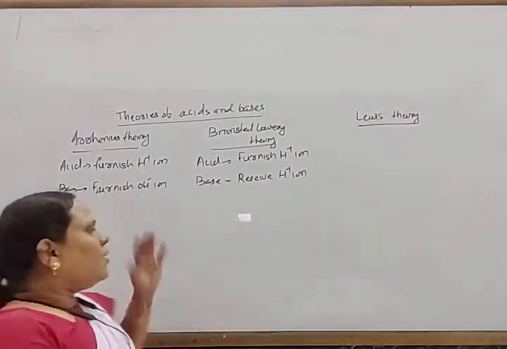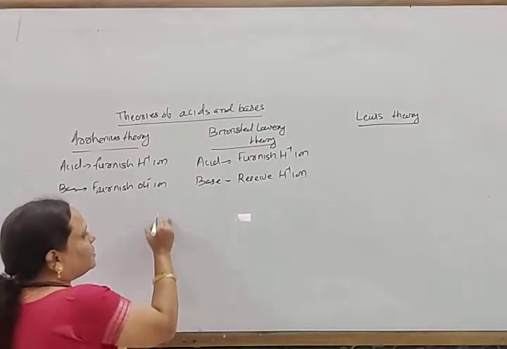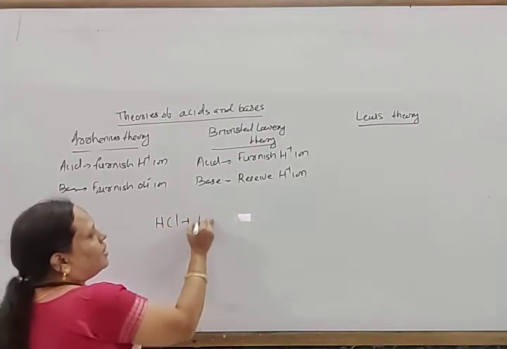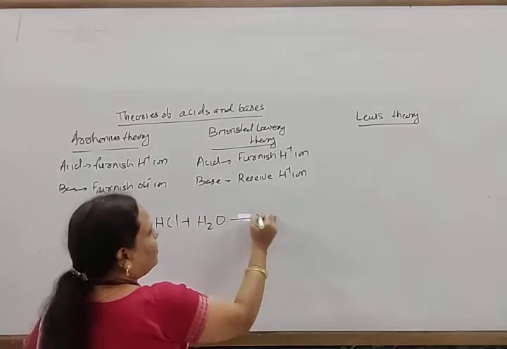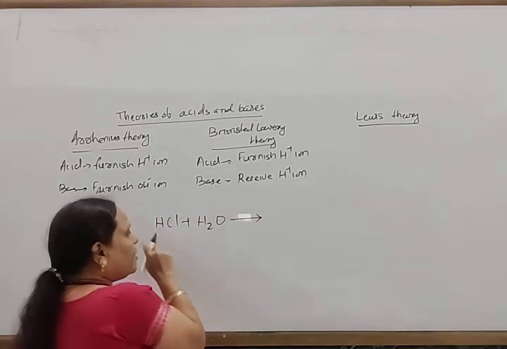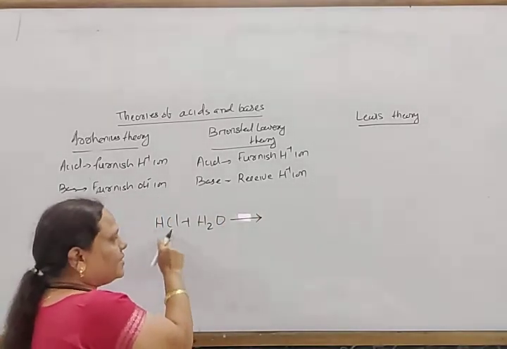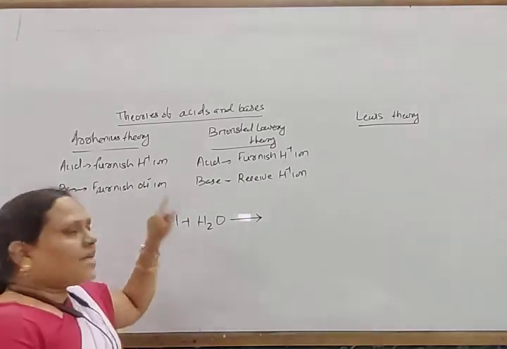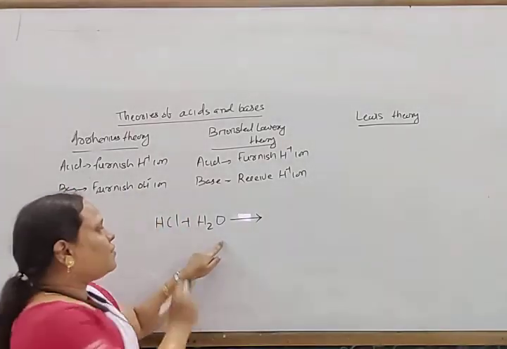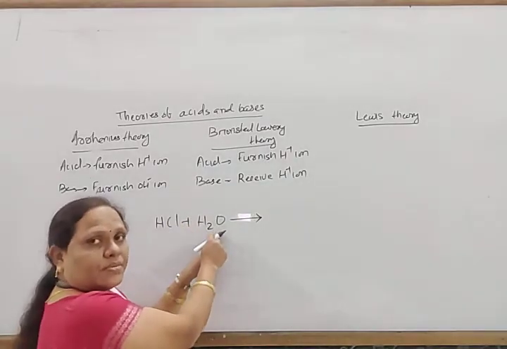Okay, look at this example. Suppose HCl plus water gives rise to... here HCl gives one H plus ion to this water, so water receives H plus ion from HCl.